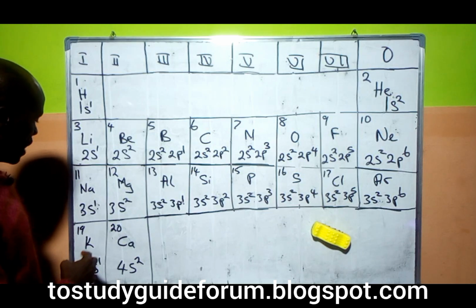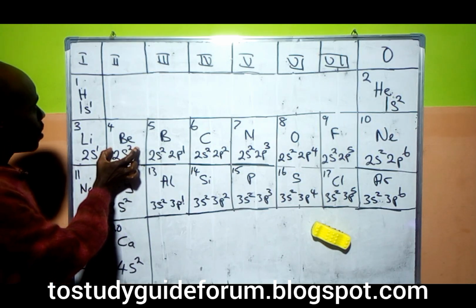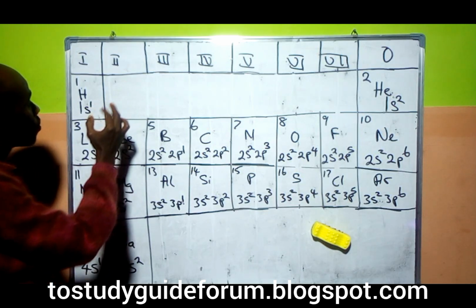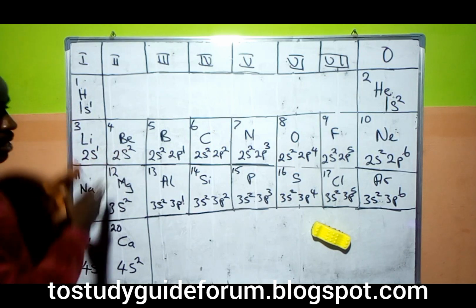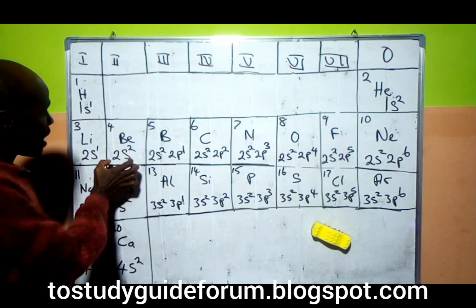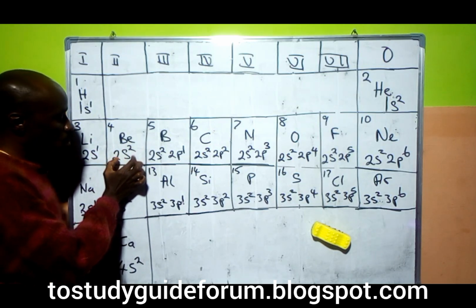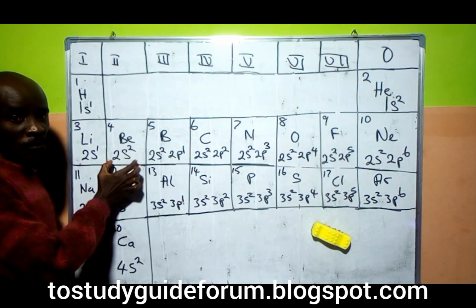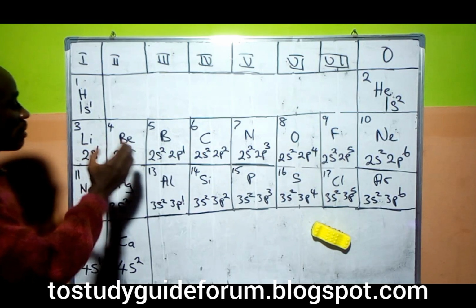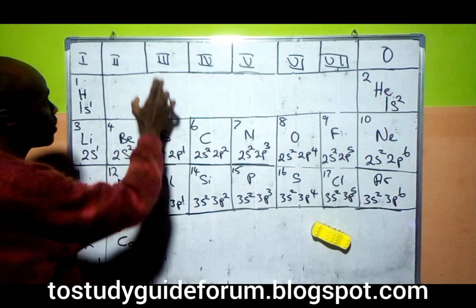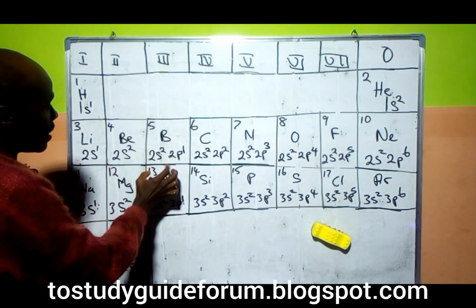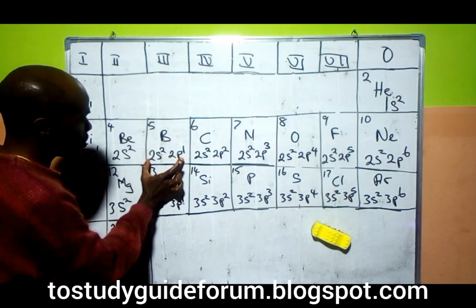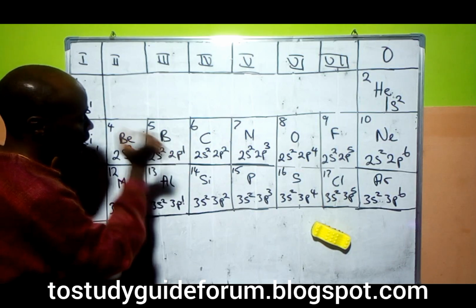Now, we will come over to group 2, where we have calcium, magnesium, and beryllium. We notice that they have two electrons in the s block. The same thing goes on and on. Group 3, you notice that we have 2, 1.